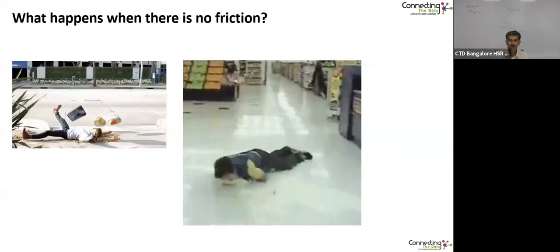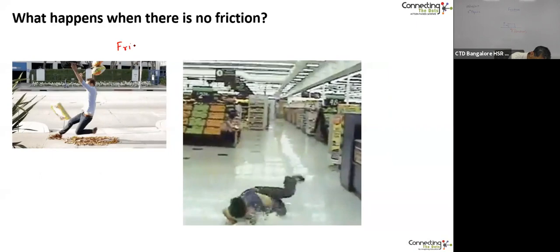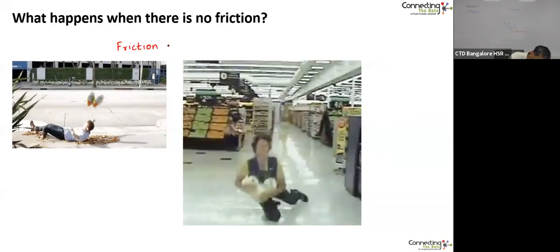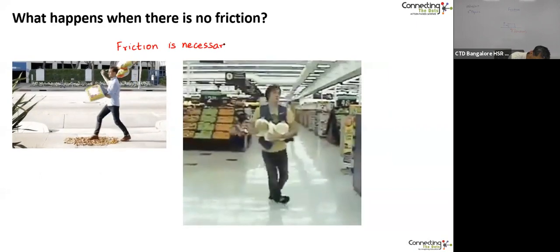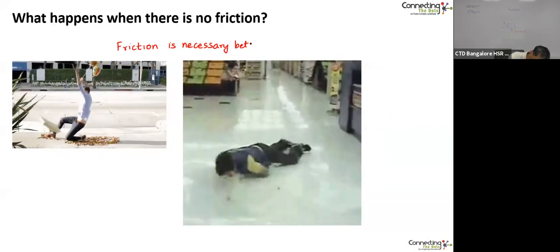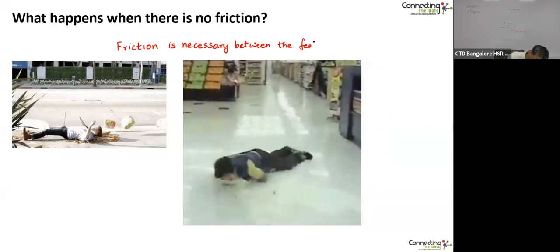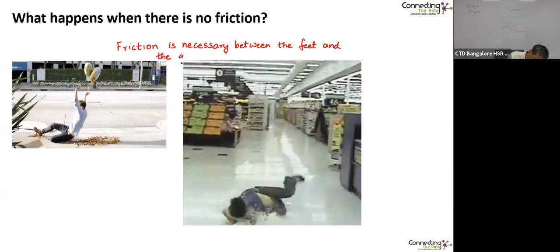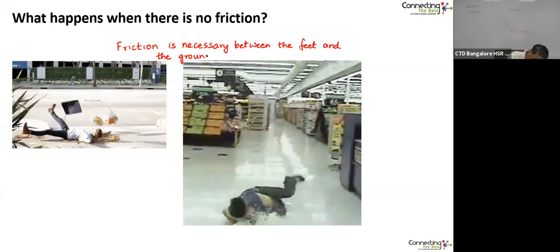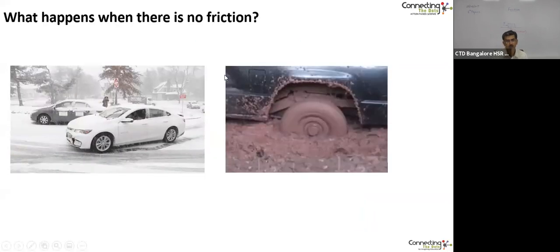Here, friction is necessary between the feet and the ground. Otherwise, you will slip and fall. You cannot walk. What about these pictures?